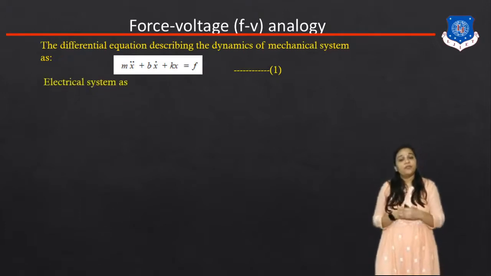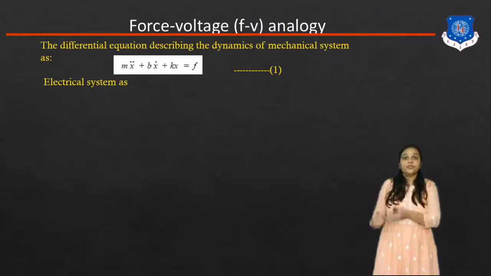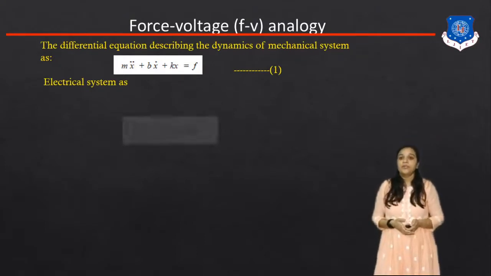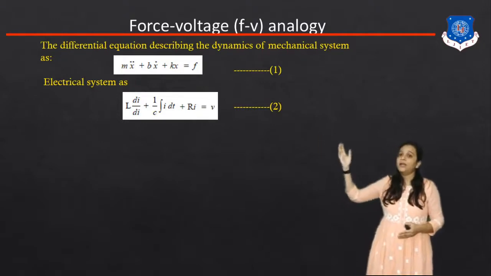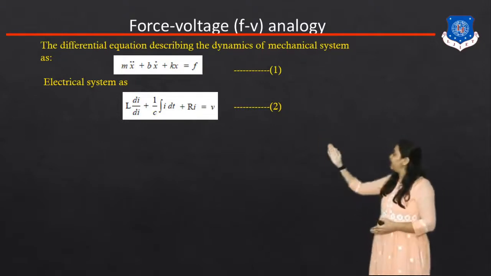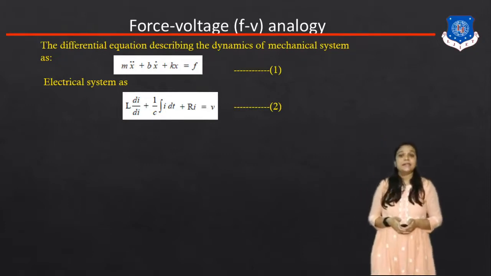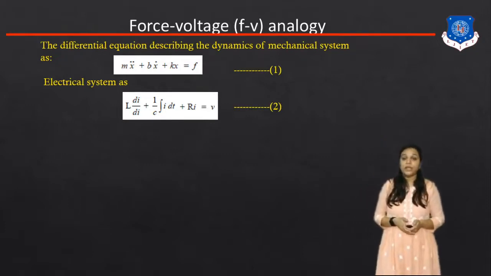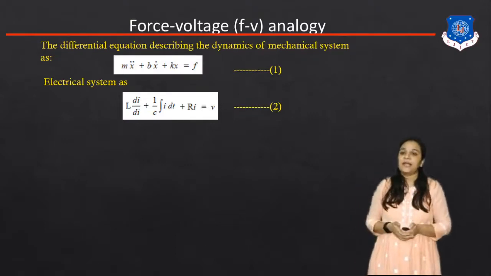Okay, now if we want to write down the equation of the electrical system using KVL, the equation will be: L di by dt plus 1 by C integration of i dt plus R into i, that is equal to V. Now we have to find the analogy between force and voltage.